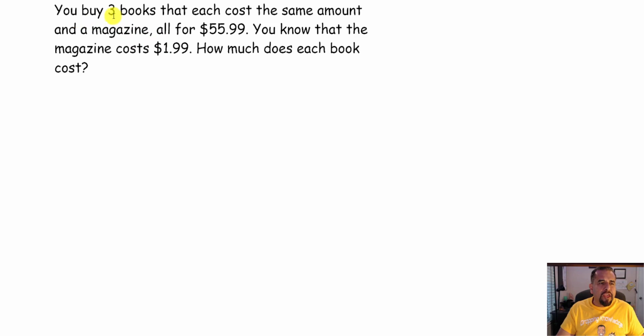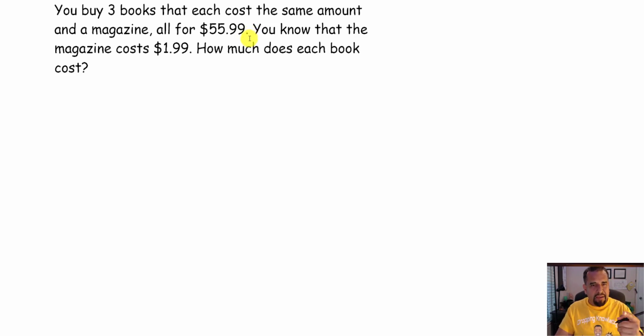Oh, sorry. It's 3 books that cost the same amount plus a magazine, all for $55.99. You know that the magazine costs $1.99. How much does each book cost?